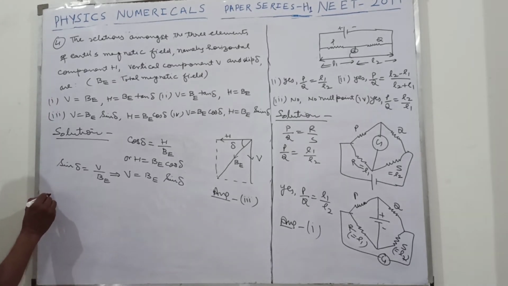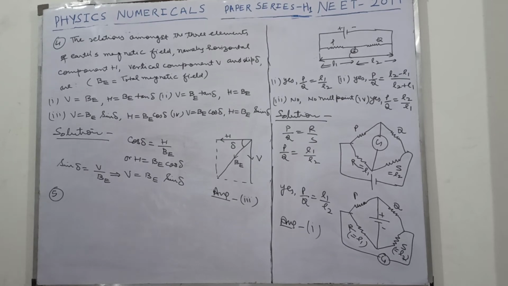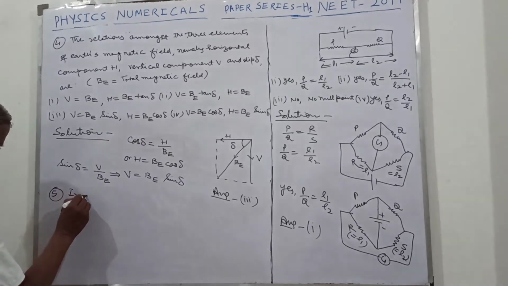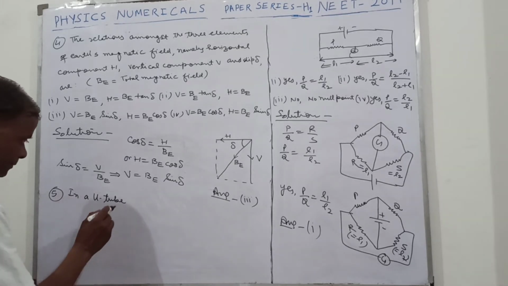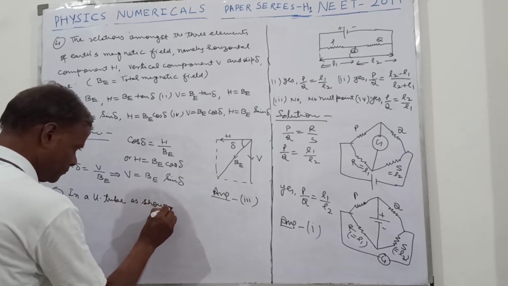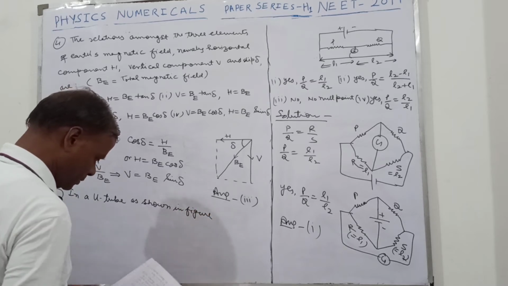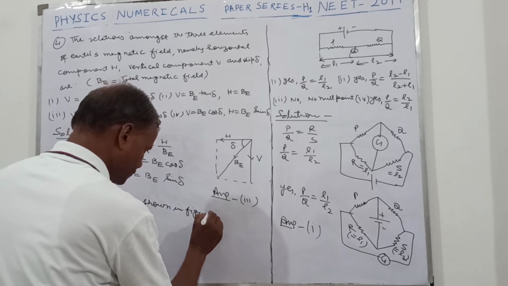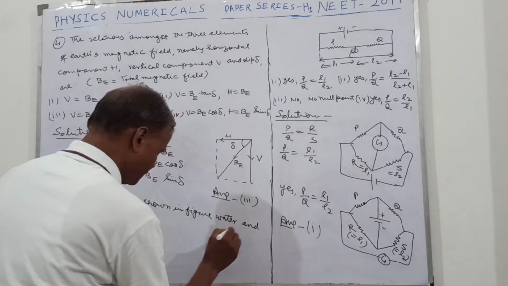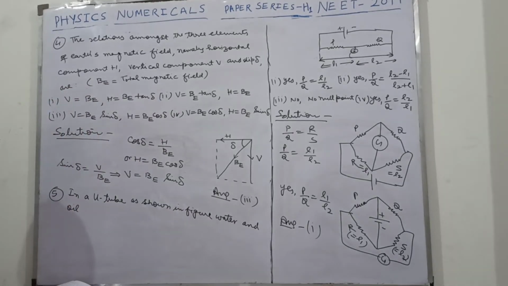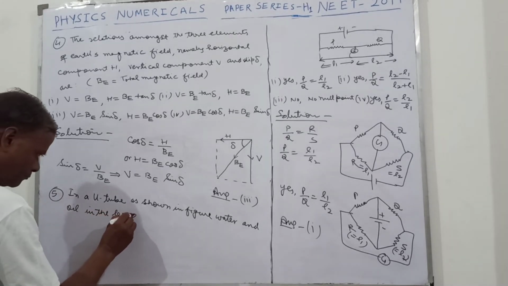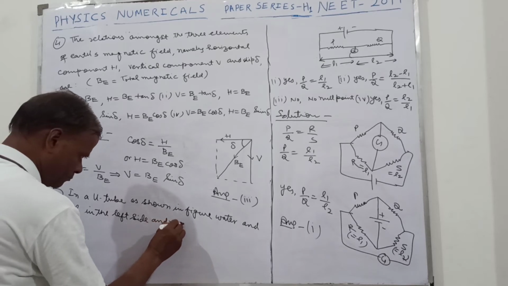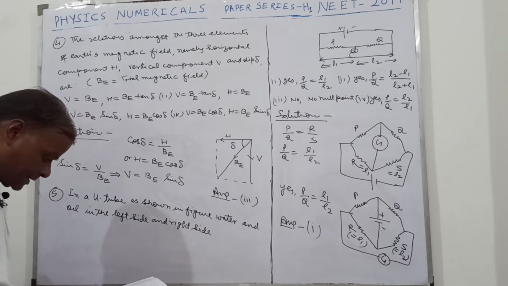And now question number 5. A U-tube as shown in figure has water and oil in the left side and right side respectively.